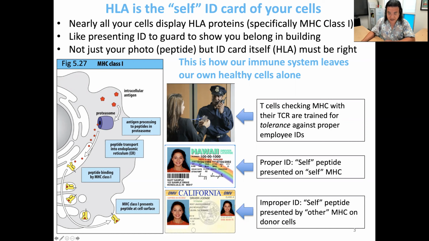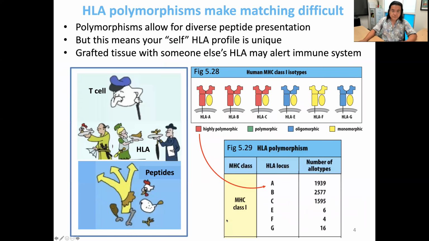Again, because the ID card itself, the HLA proteins that make up these MHC platforms on the surface of your cells, is uniquely you. Your immune system has been trained to tolerate or recognize that that is HLA from your body. So if you have HLA that's coming from somebody else's body, that alone can pose a big problem.